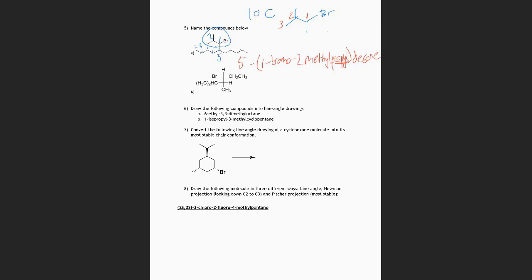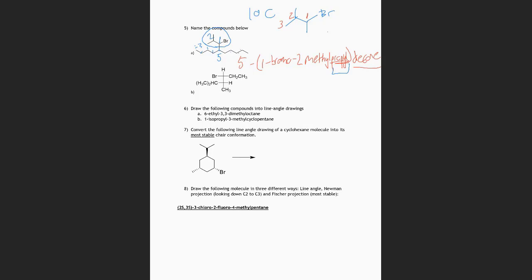So you say 5, 1 bromo, 2 methyl, propyl, decane. The decane is from the 10. And this propyl right here is indicating that there's 3 carbons in our complex side chain. For the second one, what I would do is first translate it into a line angle.